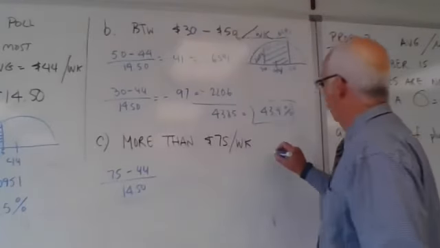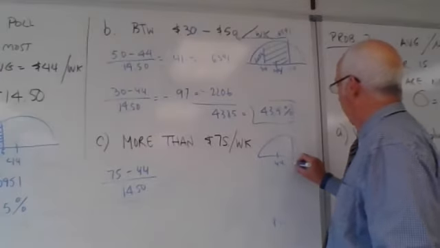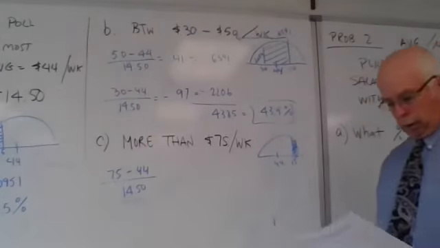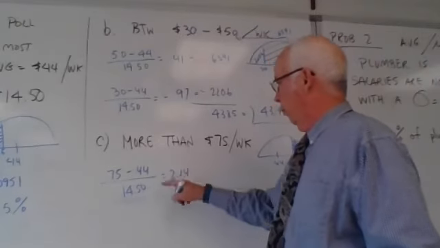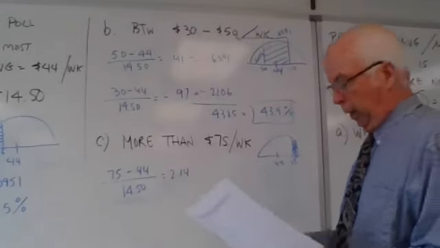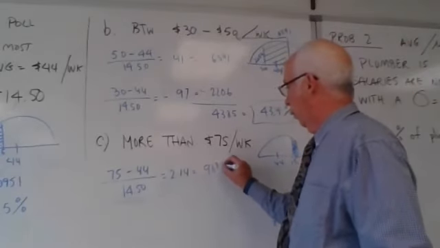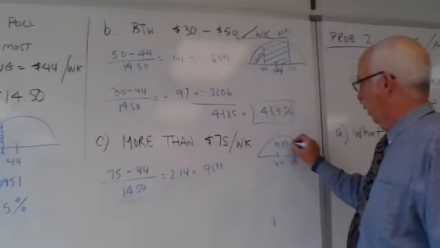If we were doing 75 real quickly, it'd be 75, and so we're asking for this little area right there. We do the math, we come up to 2.14, so we're almost over 2 standard deviations above the mean. We go to our handy dandy table and we get 0.9838. Which is great, but that's giving me this area here, and it's asking for the shaded area.